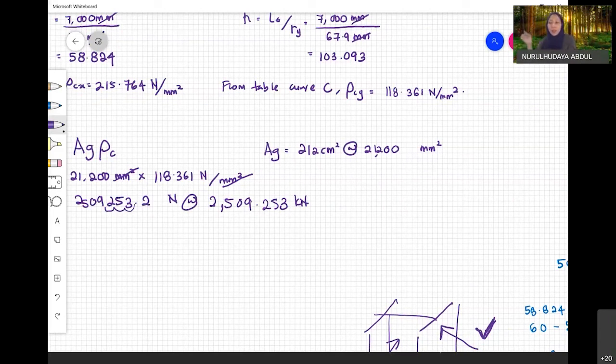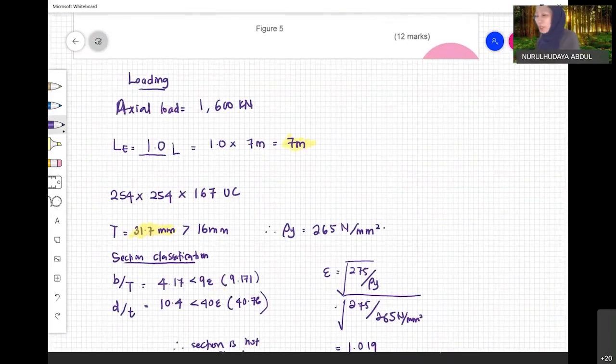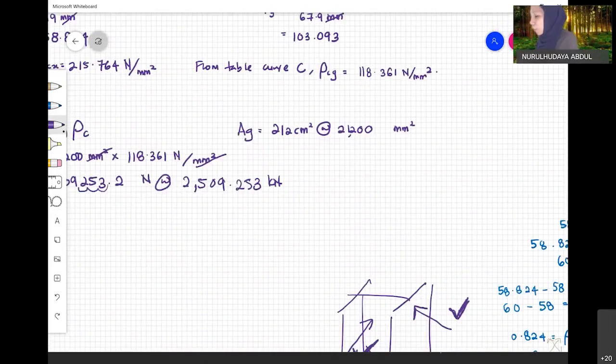However, we must compare it with the loading. Your section must be able to support the loading from the load. Look at the axial load, which is 1600. So we compare with this 2500, which is obviously larger. Which means the section is suitable.